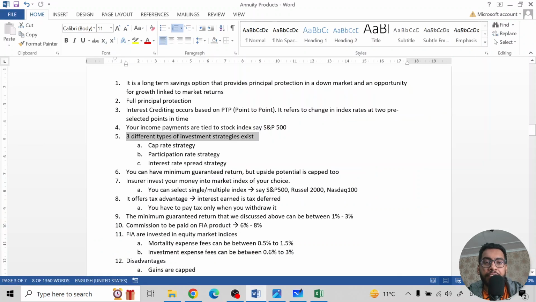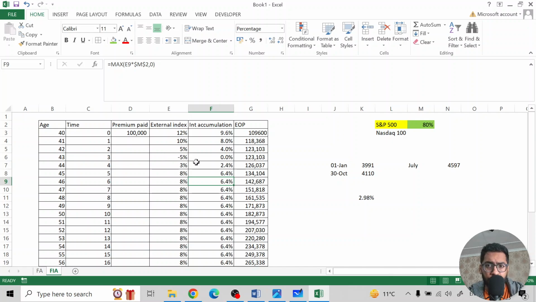There are three different types: cap rate strategy, participation rate strategy, and interest rate spread strategy. What these three strategies are, we will cover later on in this session. But just for now, this is a type of participation rate strategy.